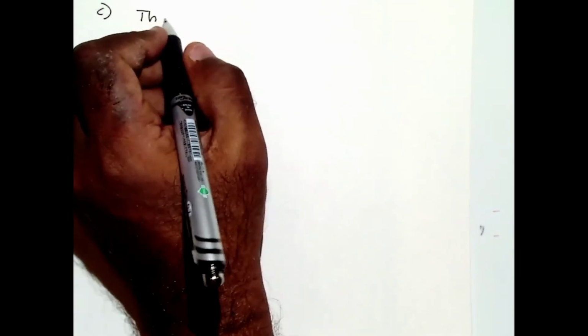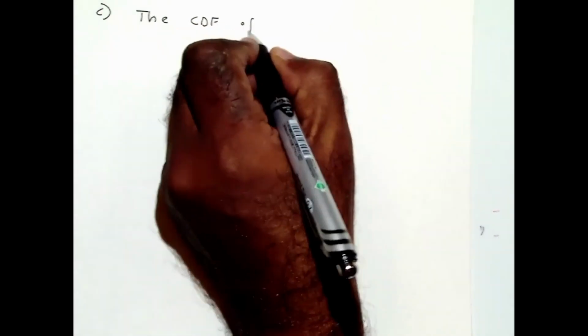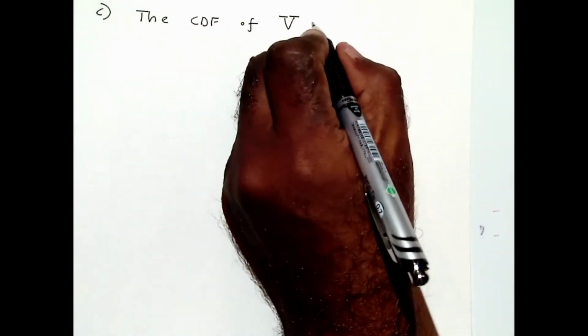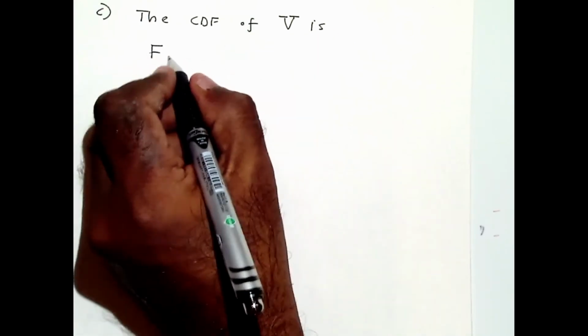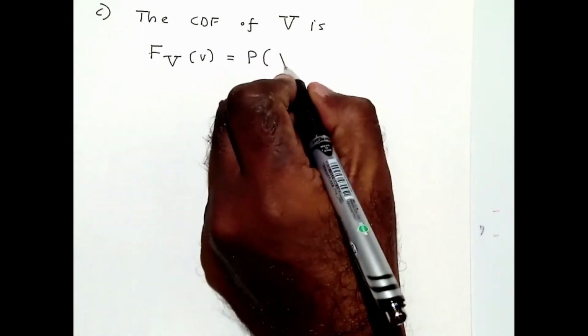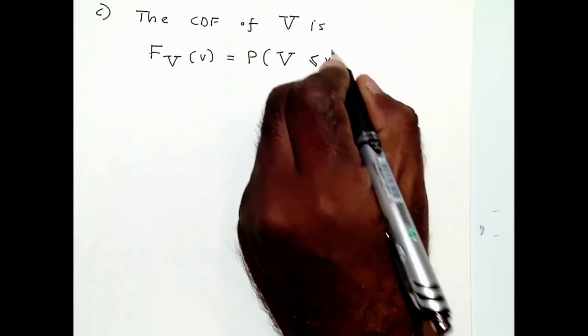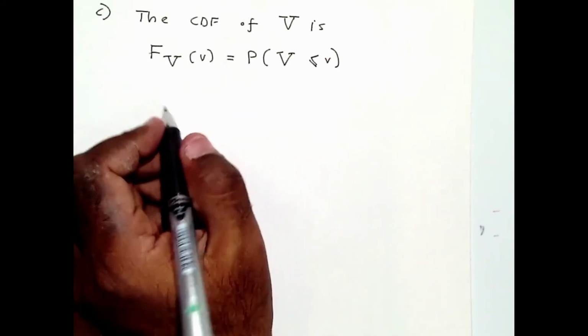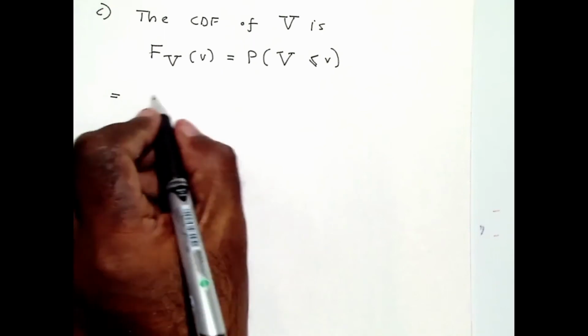All right, and the final variable I'm going to consider is the maximum portfolio loss. So the CDF of V is, and once again I'm going to use the total probability rule.